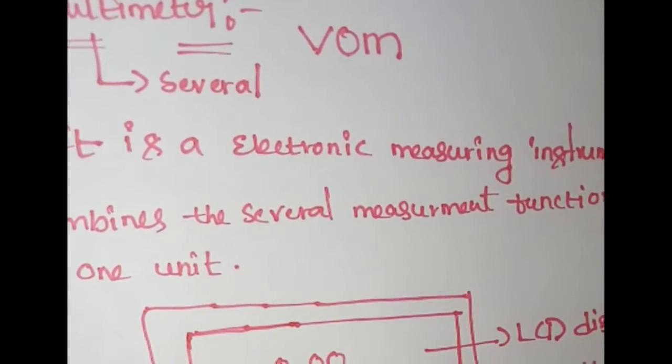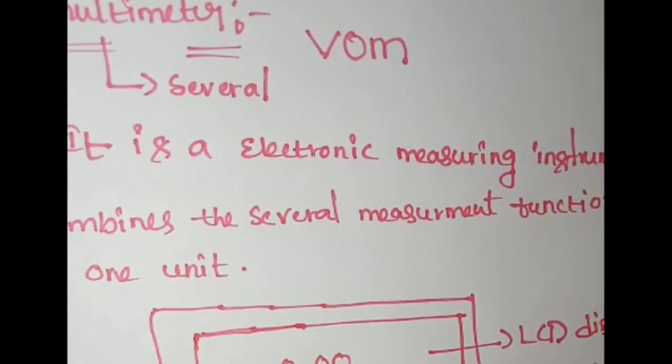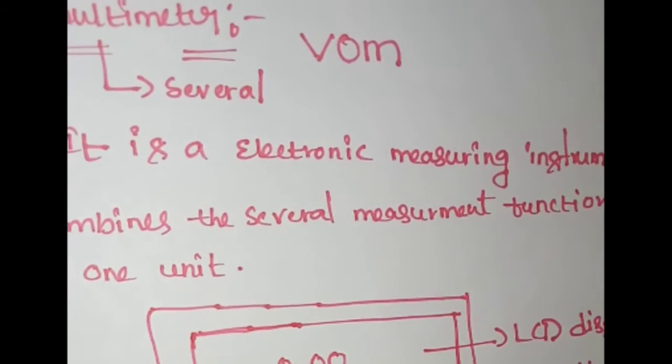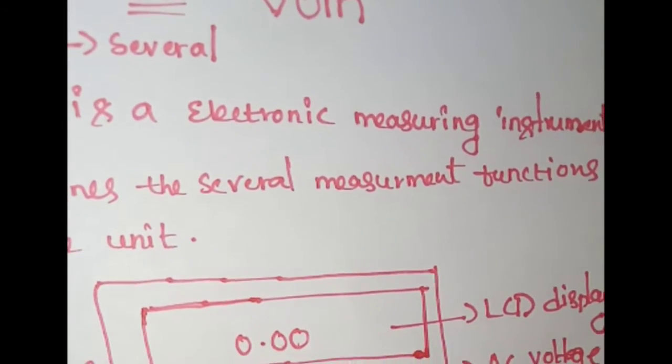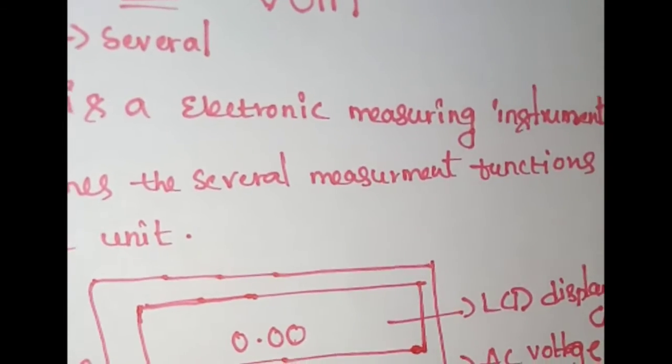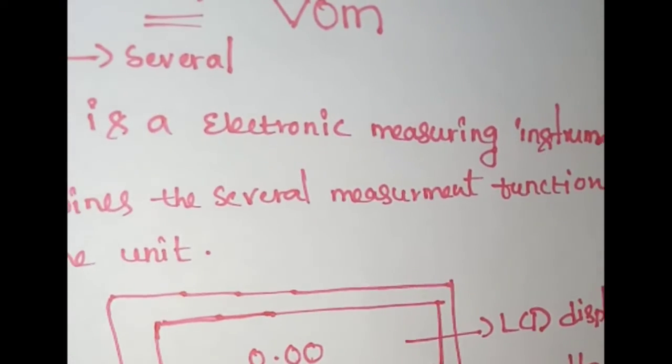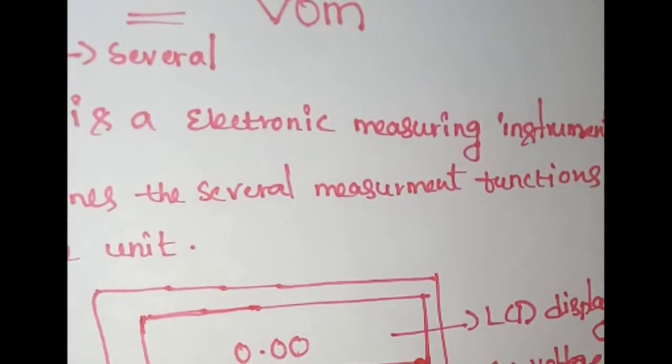In a multimeter you can switch on and off. We can use this one, on, off. This is for indicating purposes.